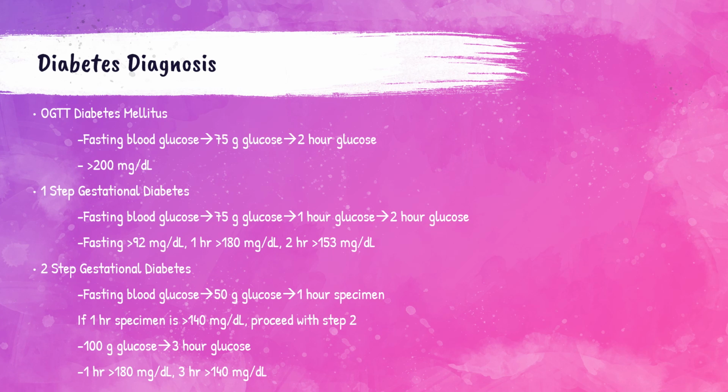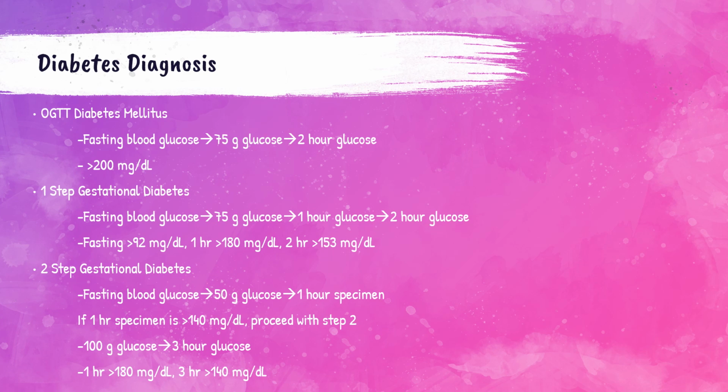For the 2-step gestational diabetes testing, the patient's fasting blood glucose is taken as a baseline. Then the patient is given a drink with 50 grams of glucose in it, and their glucose is tested at 1 hour after the completion of this drink. If the glucose level at that 1-hour mark is greater than 140 milligrams per deciliter, then they complete step 2.